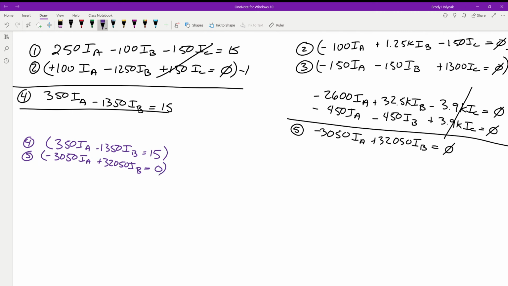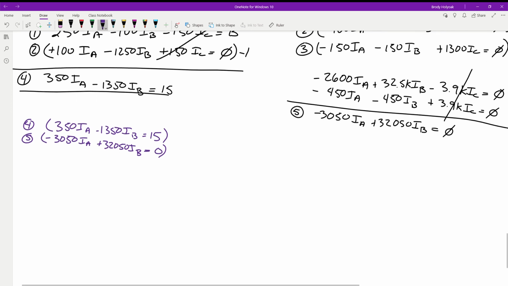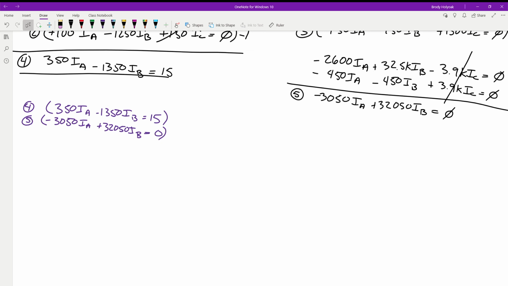Which one do we want to get rid of? Get rid of IA. So what do we need to do to each of these to get them to the correct value? Probably brute forcing it. Not evenly anyway. So by 10 wouldn't quite get us because we need to go to 3050, not the 3500.